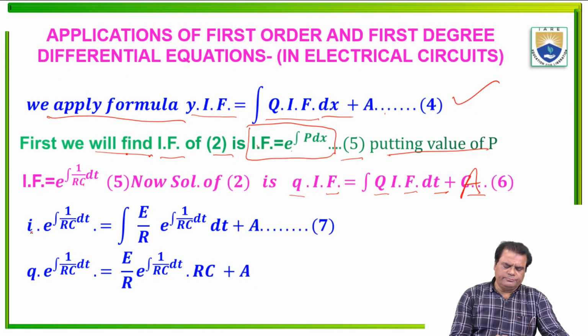So now this is the integrating factor: e to the power integral of 1 upon RC dt.